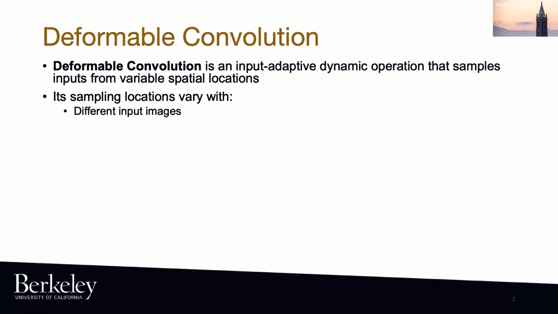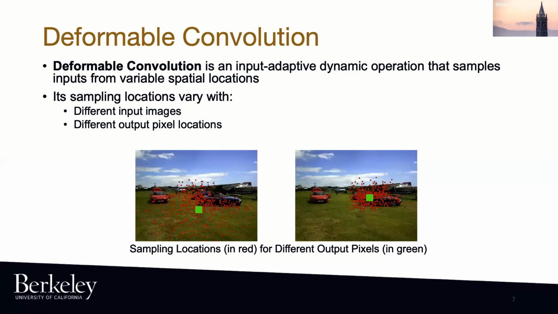These sampling locations vary with different input images and different output locations. As shown in this example, the sampling locations highlighted in red dots are different for different objects of interest in this image, highlighted with green dots.